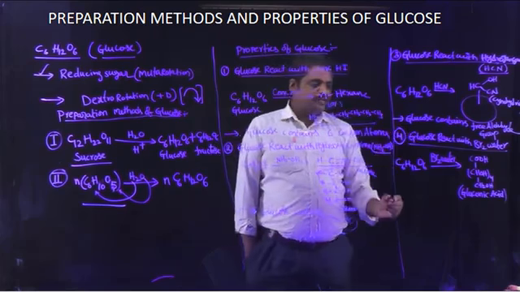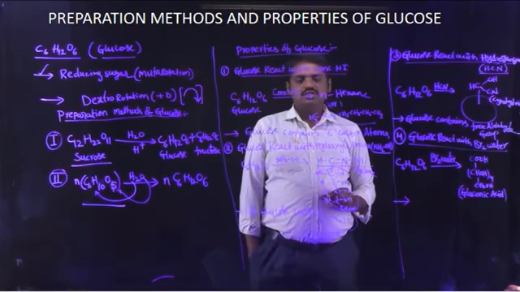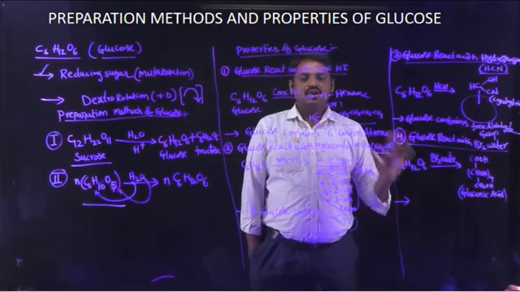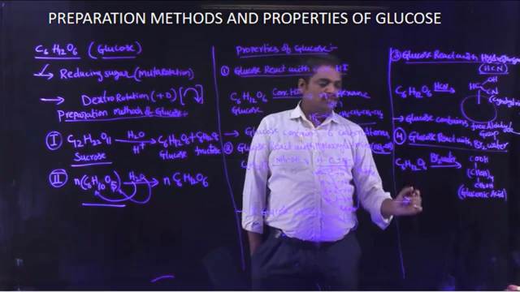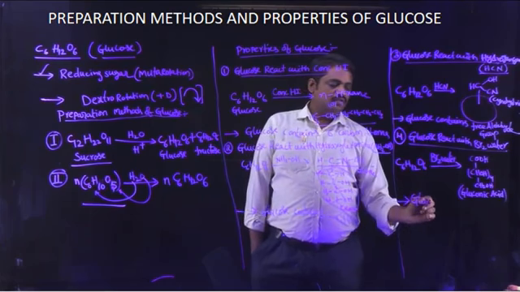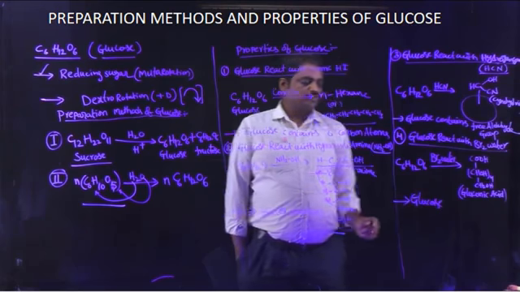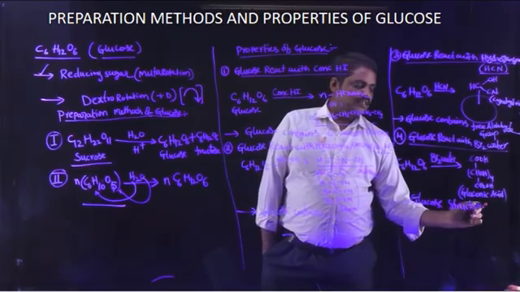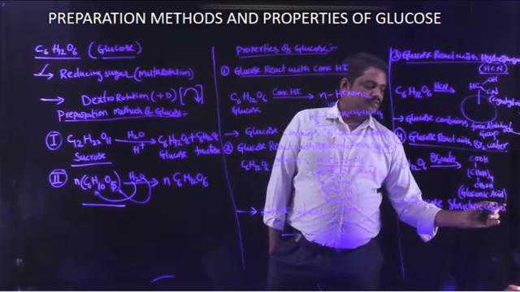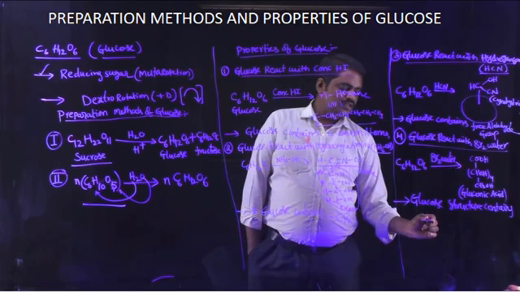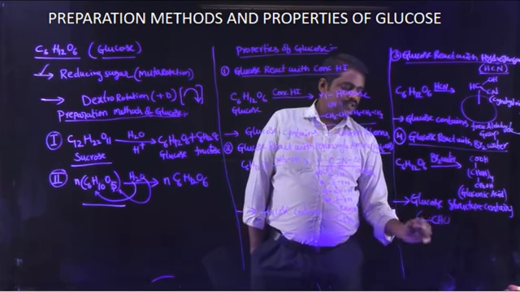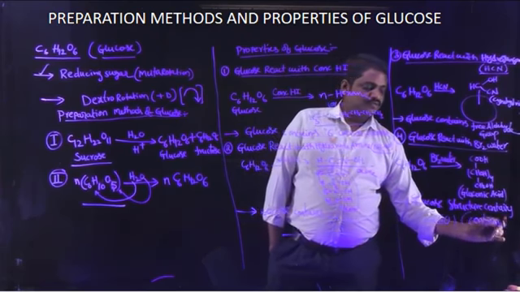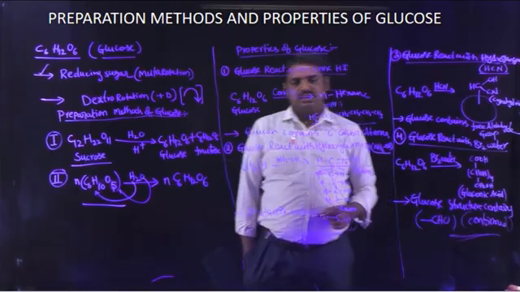This reaction is based on the glucose structure, and it confirms one aldehyde group. Glucose structure contains one aldehyde group. This is confirmed, which means this is a confirmation test.